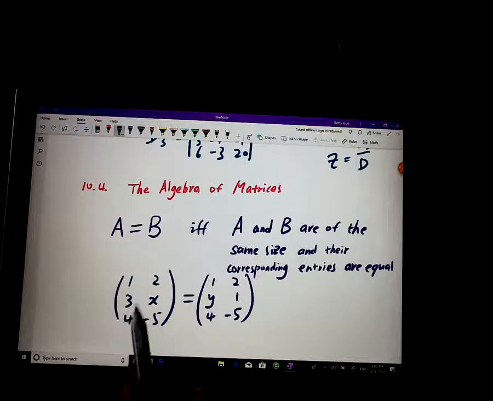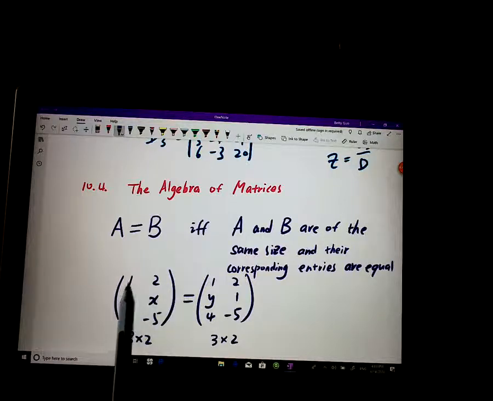This one is 3 by 2, right? This is how we denote the order or the size of a matrix: 3 rows, 2 columns, so 3 by 2. On the right hand side, we also have a 3 by 2 matrix, so that is okay.